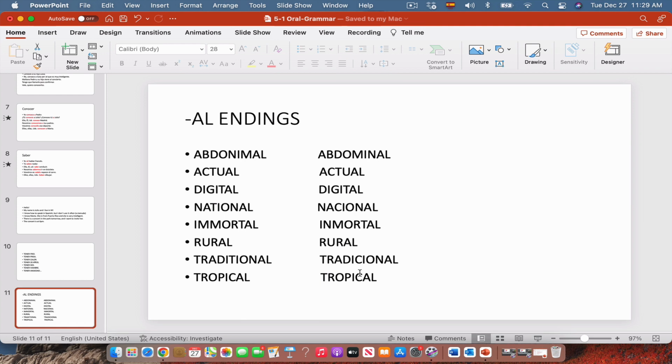Ella habla español. How do you say you, formal, one person, speak Spanish? Usted habla español. How do you say I don't speak Spanish? Yo no hablo español.